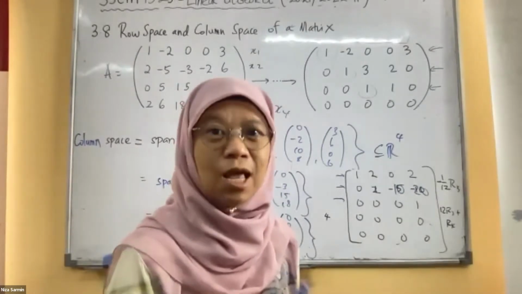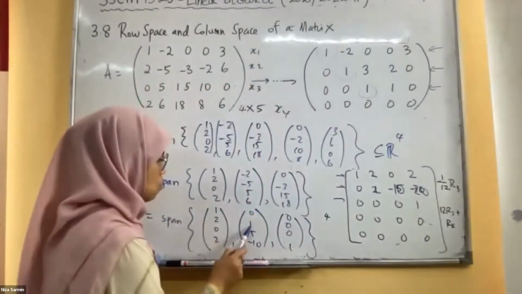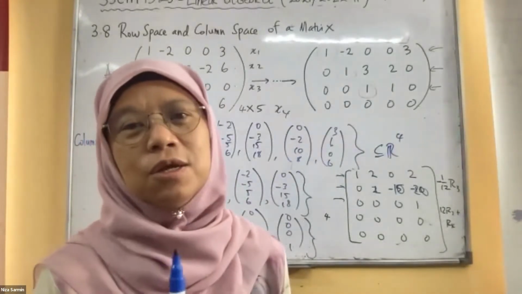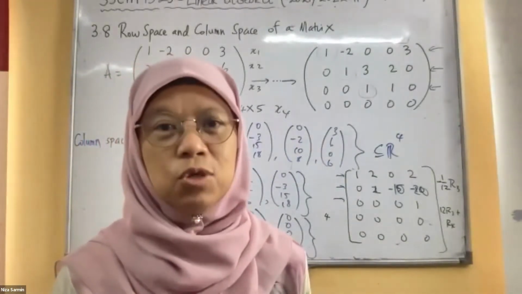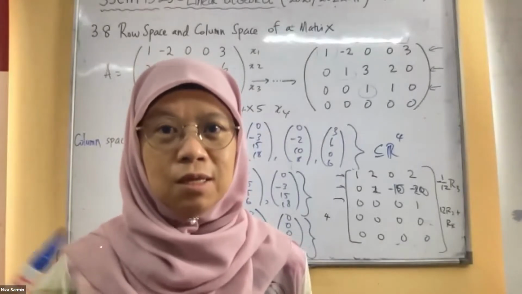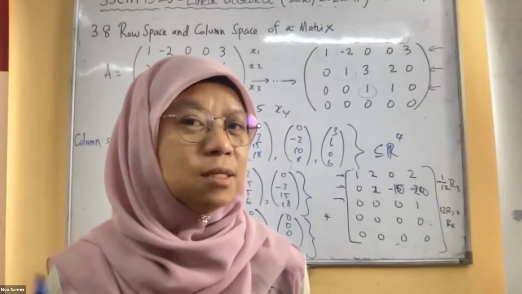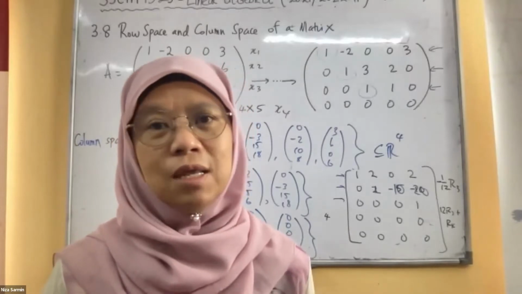So it doesn't have to be 1, 1, 1. But we always reduce until row echelon because it will be easier, right? To make the rest 0 and so forth. So you might see another different answer.